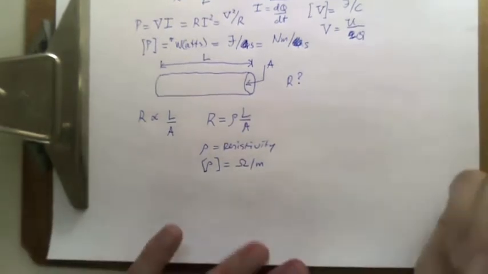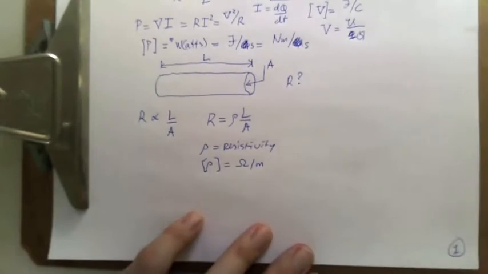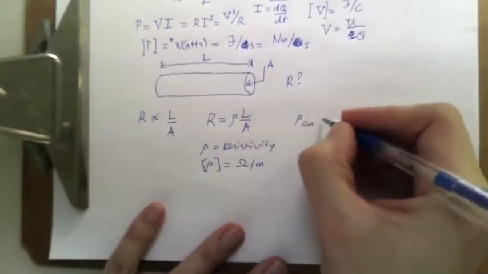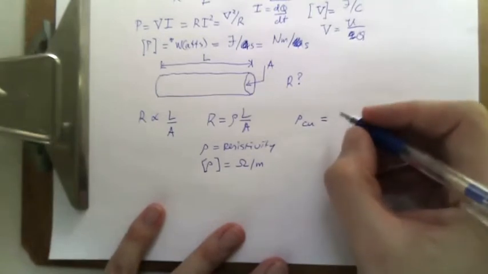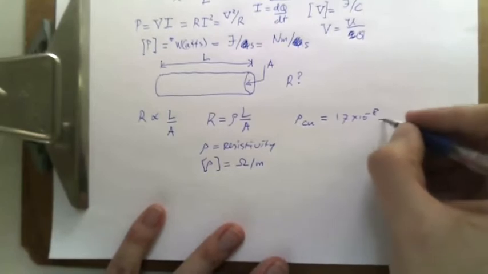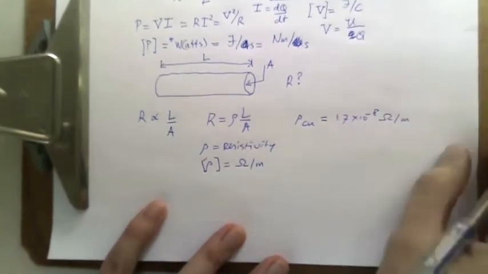There we go. So the resistivity for copper, for instance, rho for copper is, let me see, 1.7 times 10 to the minus 8 ohm per meter.